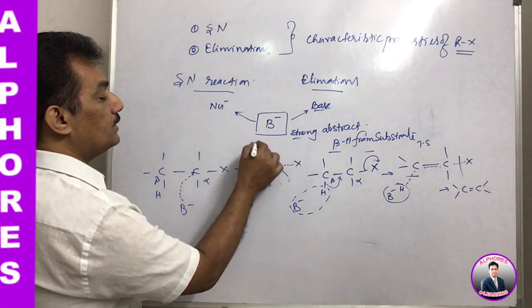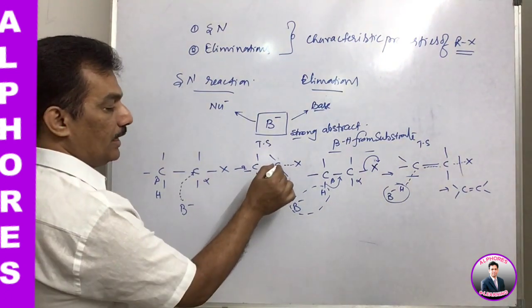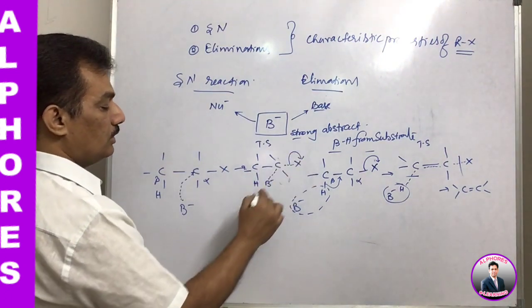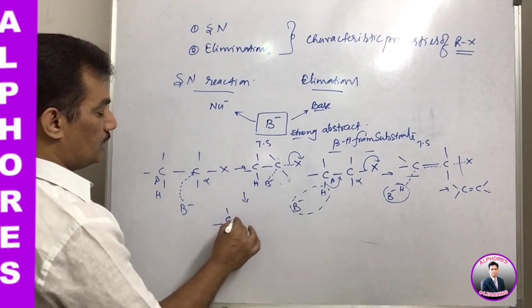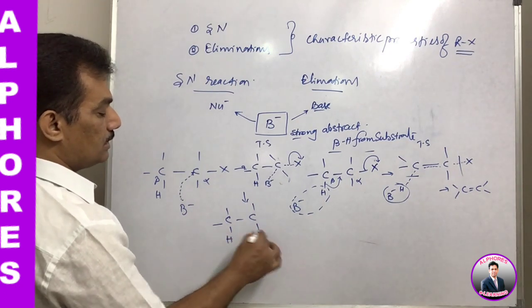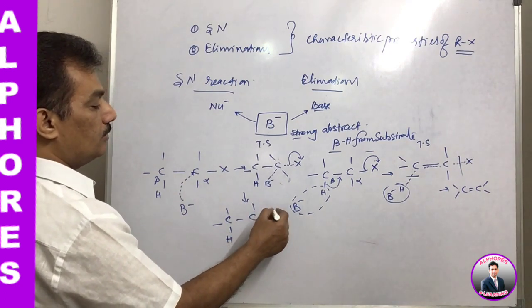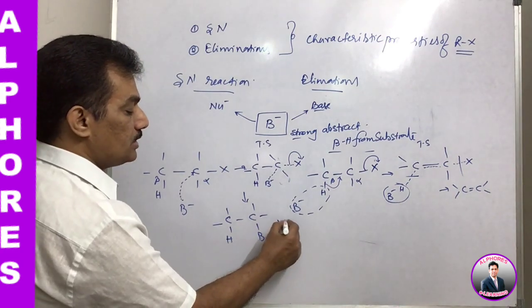This is also a transition state. After the transition, B minus will attack this carbon and the halide will go out. Now what we get is the substituted product like this. It has B minus here along with the other groups present, and X minus is going out.